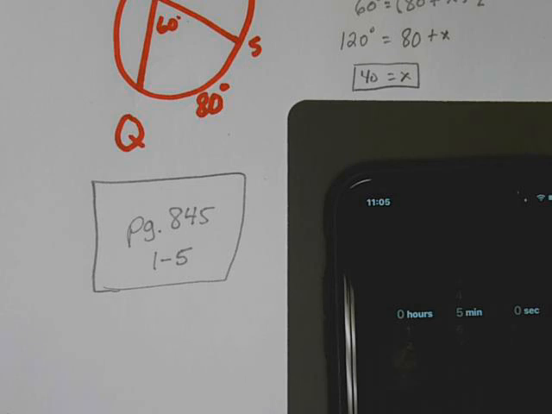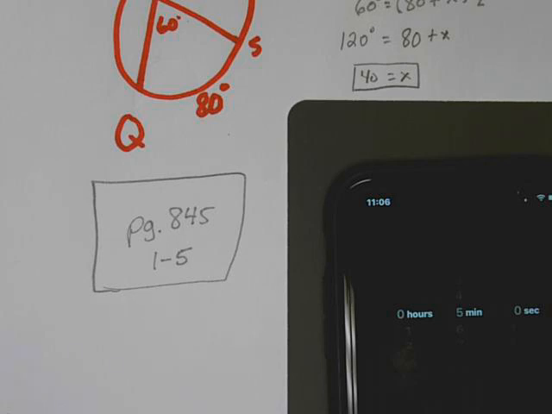Must be supplementary to that 50. Number 3, 240. Must all have to be 360. Number 4 is 4. And number 5 is 25. What did you say number 4?